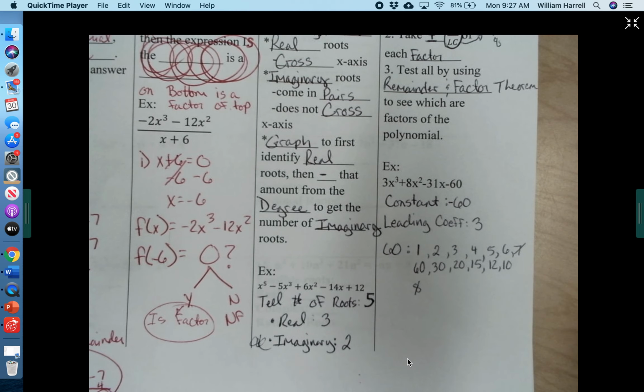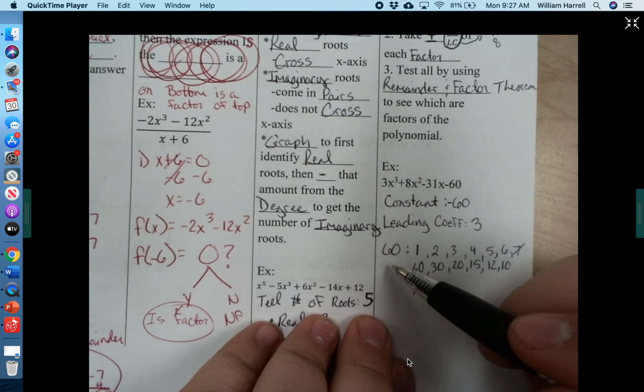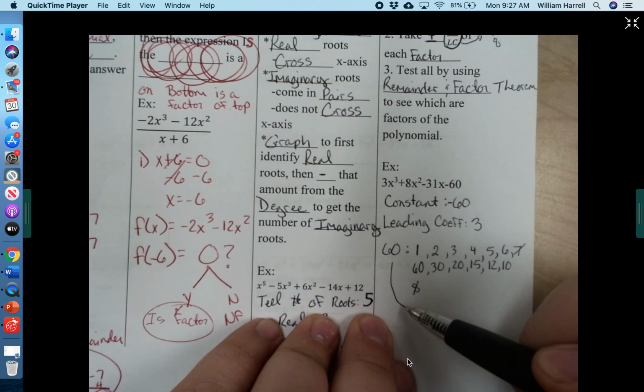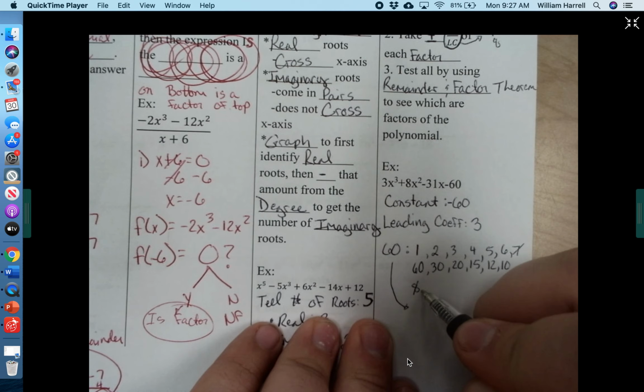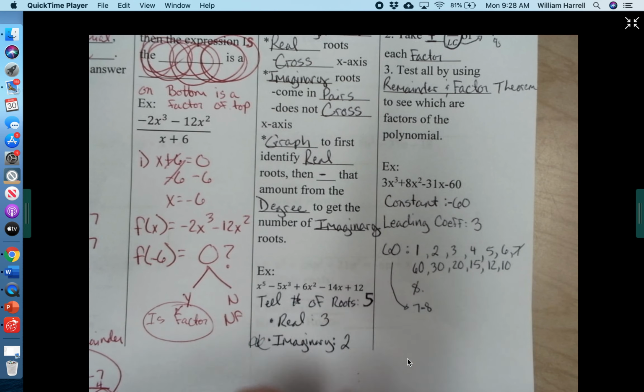The reason I know to stop is because if I take the square root of 60, it's between 7 and 8. Okay.